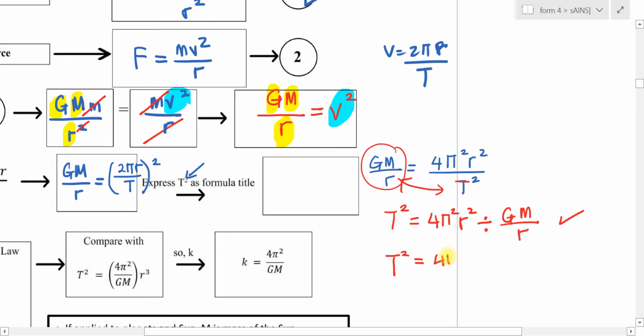So 4 pi square R square bahagi pecahan kita jadi darab, terbalikkan pecahan. Jadi apa yang kita dapat? T square equal to 4 pi square R square darab R, maksudnya dia akan jadi R cube over G M. Dia akan jadi macam tu. Okay. And remember our Kepler's third law? Kepler's third law.